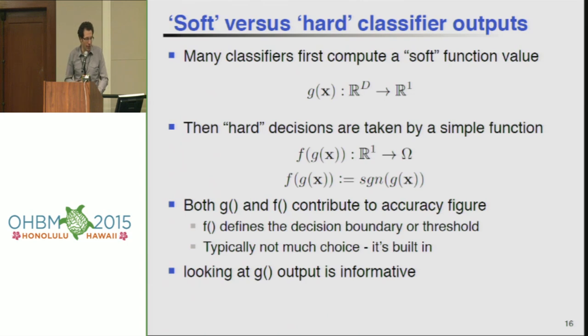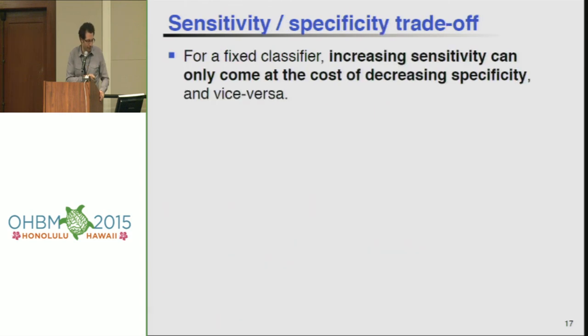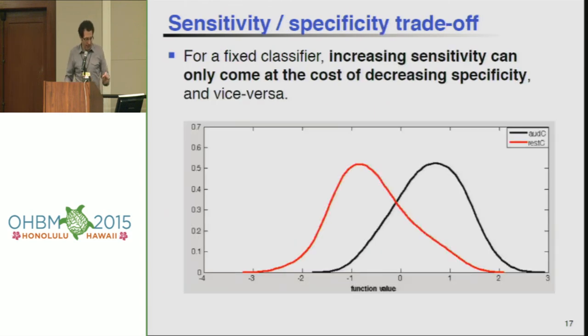So I want to show you a little bit about this idea of the soft output of the classifier. This is an example from real data. This is the classical SPM auditory data set, the one you've been able to download really forever from the SPM website: auditory stimulation versus rest.